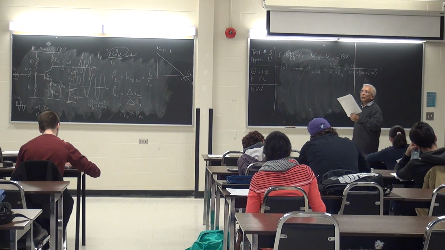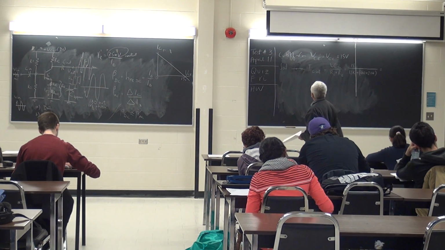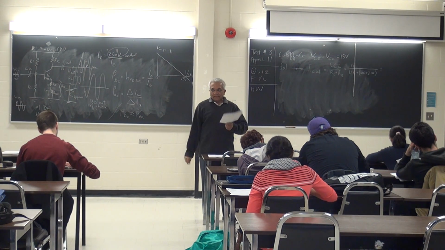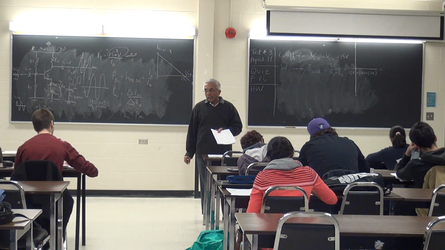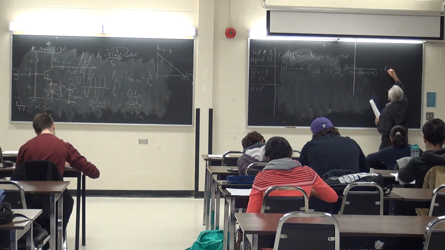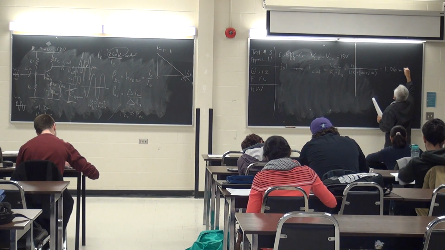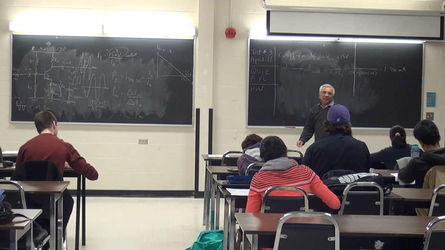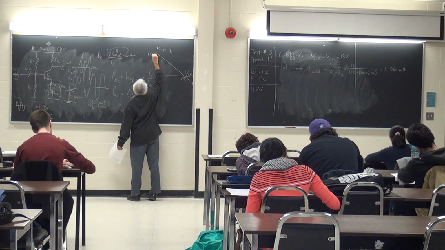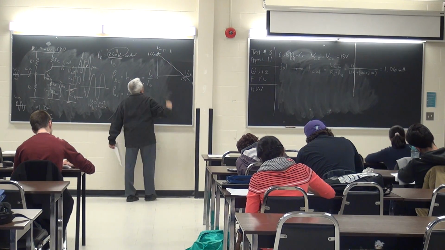How much does it work out to? What is 15 over 12K plus 2.2K? How much? 1.06 milliamps. Where do I show the 1.06 milliamps on the graph? Right here. Saturation.